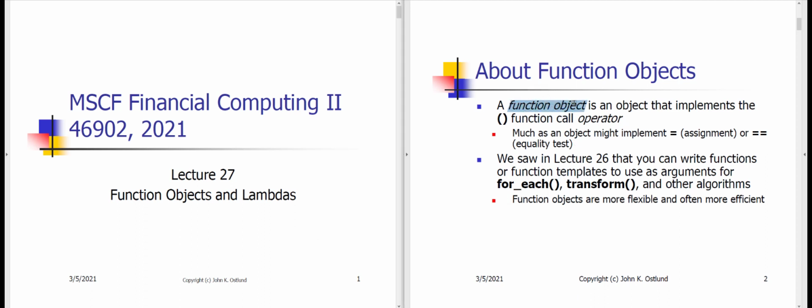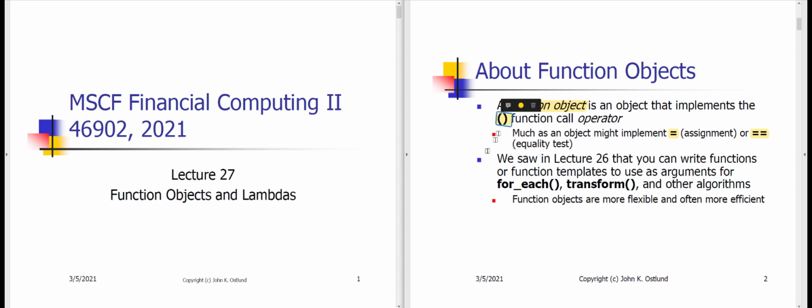So a function object basically is any object that implements the parentheses operator. Okay? So we have defined for some of our own classes, like the binary tree class and the singly linked list class, operators like assignment, is equal to, and the insert operator, the put-to operator, the double less than symbol.